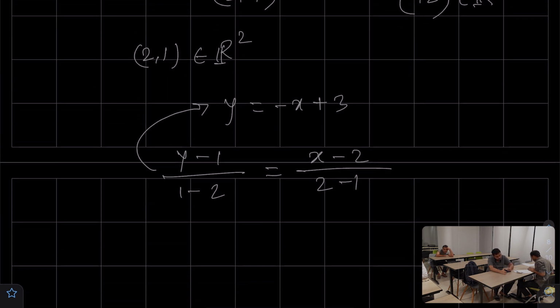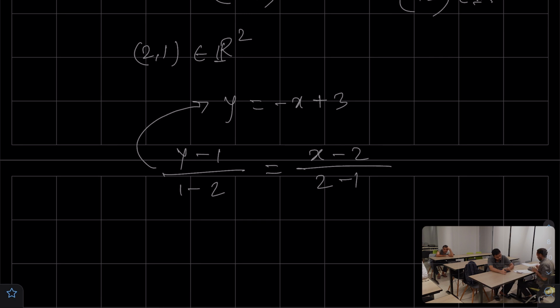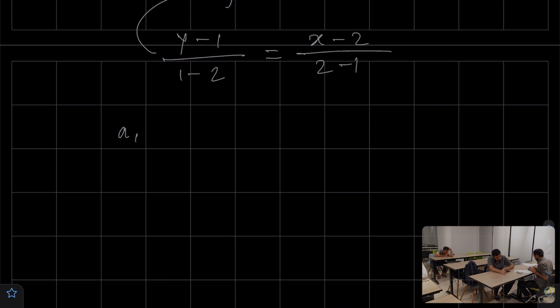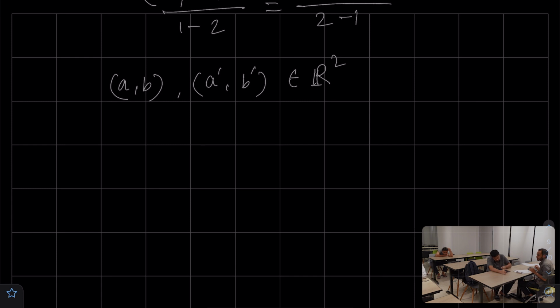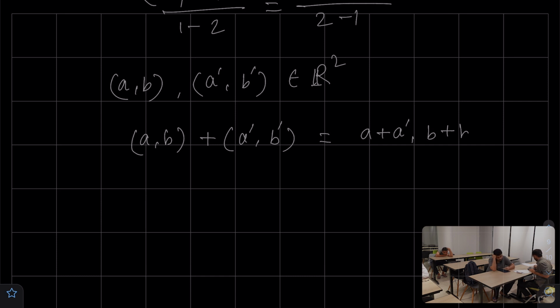Now let us define addition in R2. A generic element of R2 is simply a comma b, and if I take another element a prime comma b prime, these two elements belong to R2, and I can define the addition between these two: a comma b plus a prime comma b prime equals a plus a prime comma b plus b prime, right?